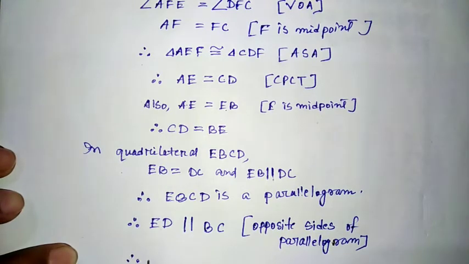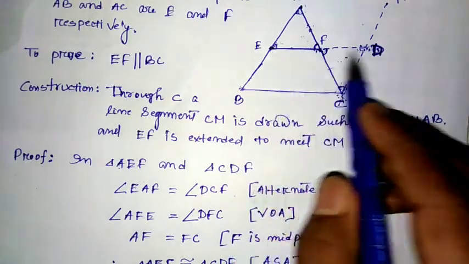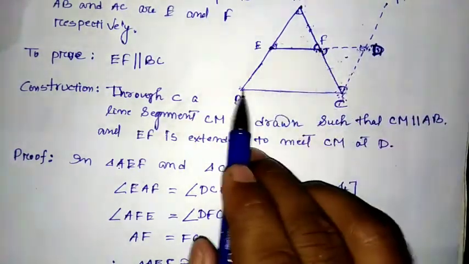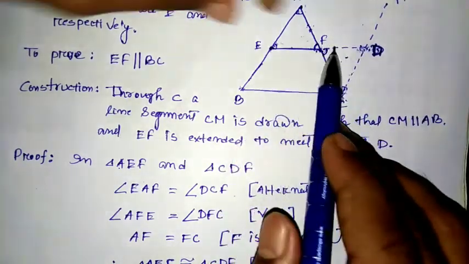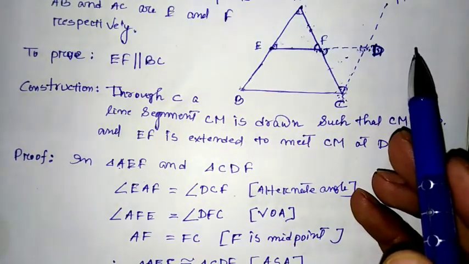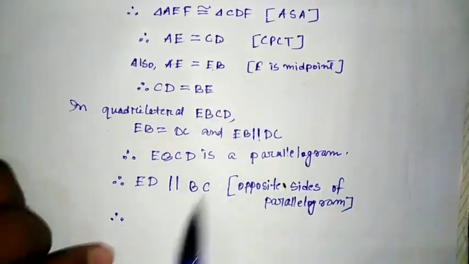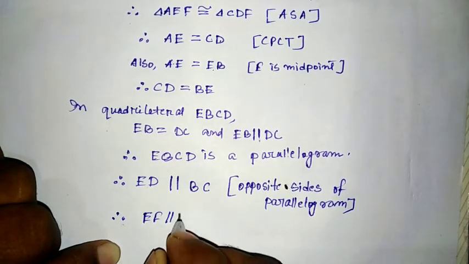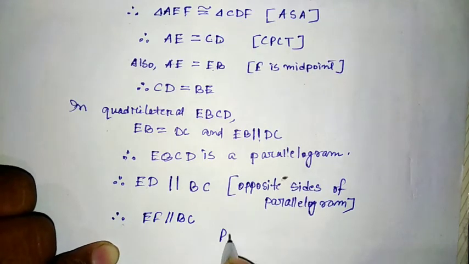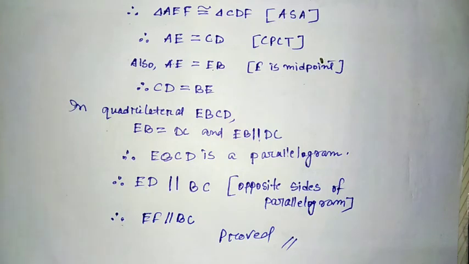Therefore we can write, since ED is parallel to BC, then EF will be parallel to BC because parts of parallel lines are parallel. This is one part of ED, so EF is parallel to BC. It is proved. Therefore EF is parallel to BC. Proved. So theorem 8.10 is exactly the reverse of theorem 8.9.